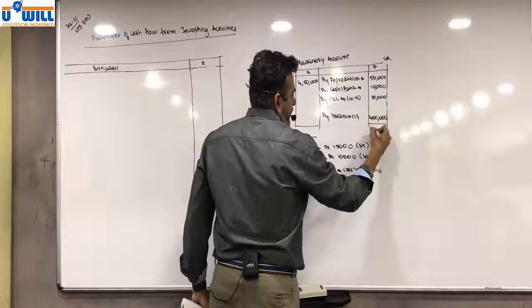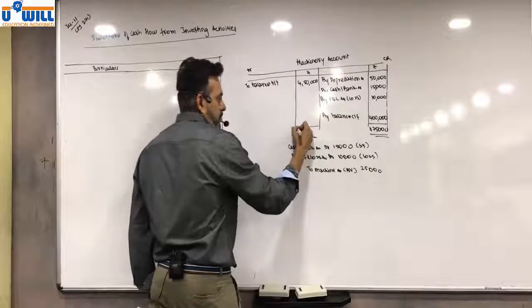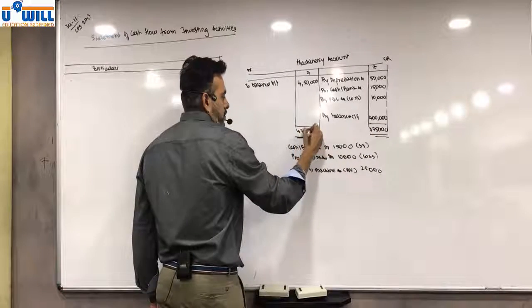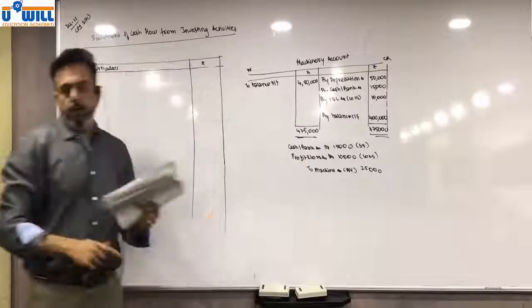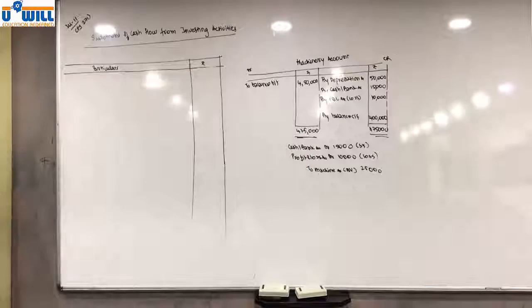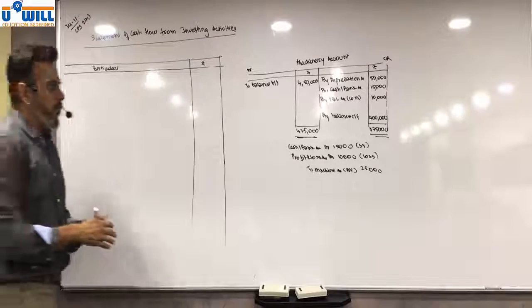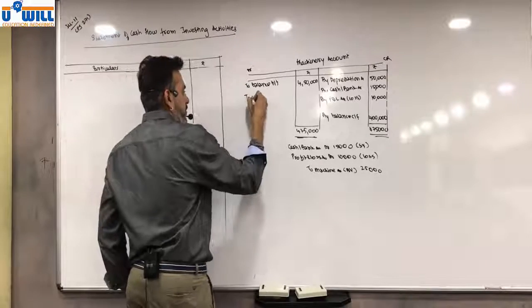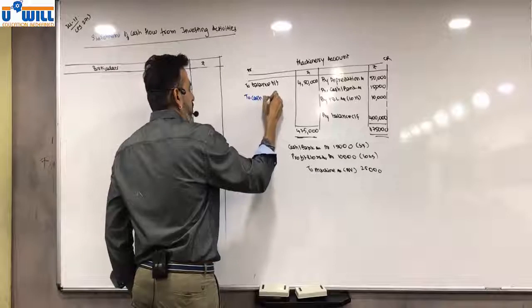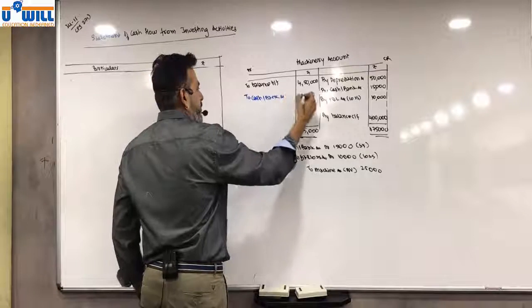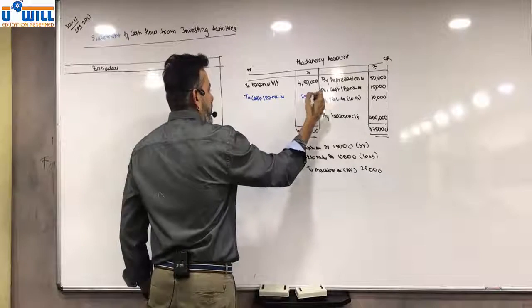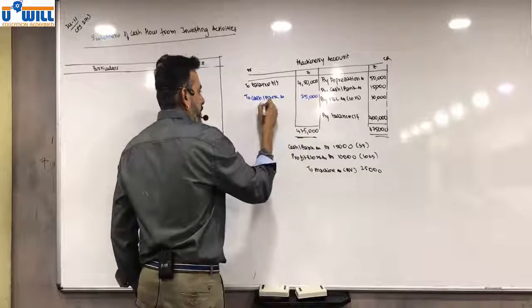Four lakh 75,000. It does not tally. There is a difference, and that difference is what? It's purchase. So cash or bank, 25,000, balancing figure.